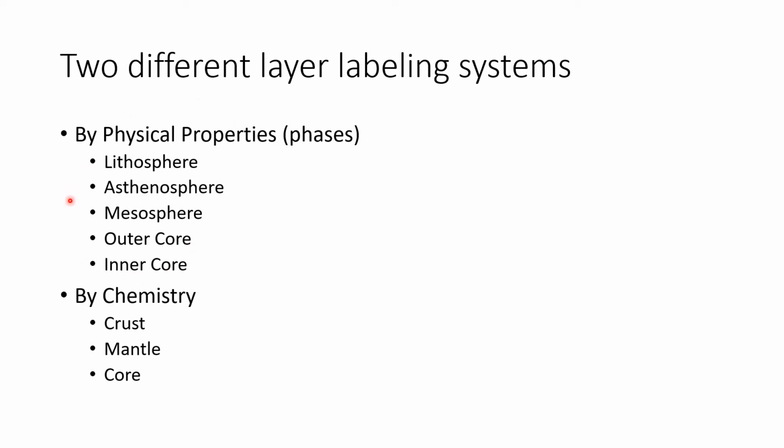The first of these is to label things via their properties, what is acting as a rigid solid versus what is flowing. That's this physical properties part. Overlapping that, though, is differentiating by chemistry, and we'll talk about how there are certain minerals that tend to be in the crust and others that tend to be deeper. So I just want you to see ahead of time, and I'm going to point this out again in a chart in a little bit.